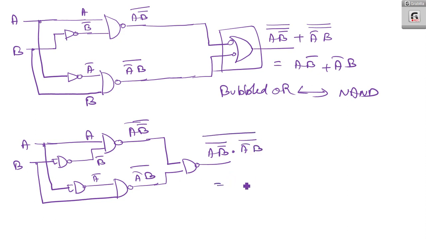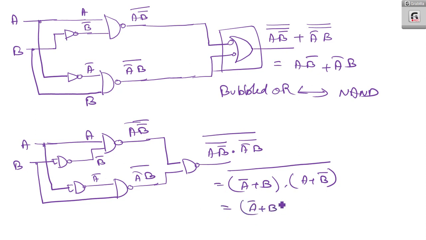What is it? That is A bar or B, dot, A or B bar, the whole bar. Again, if you are simplifying it, what is it? That is A bar or B the whole bar, or A or B bar the whole bar.